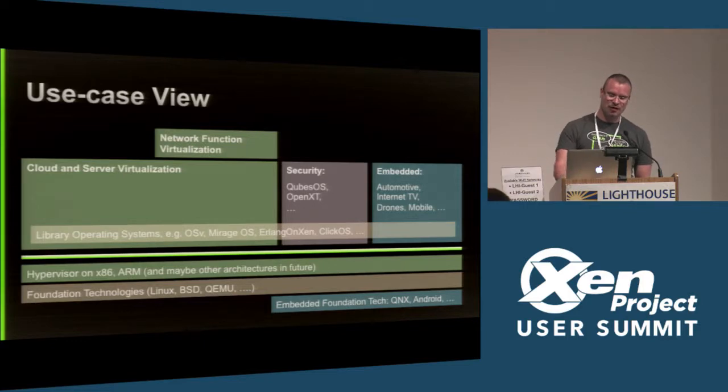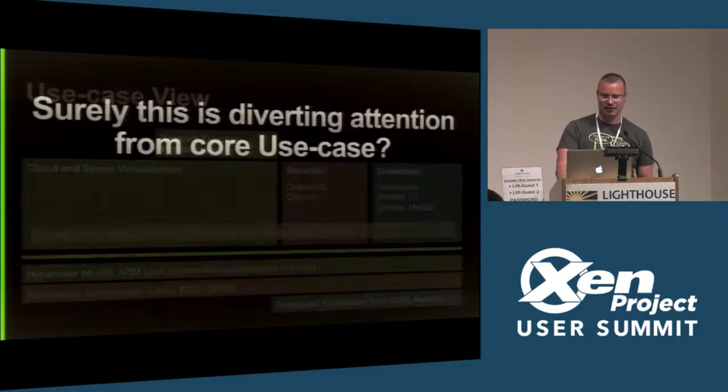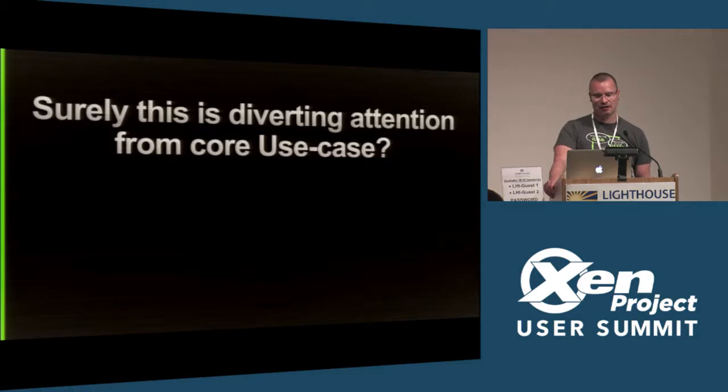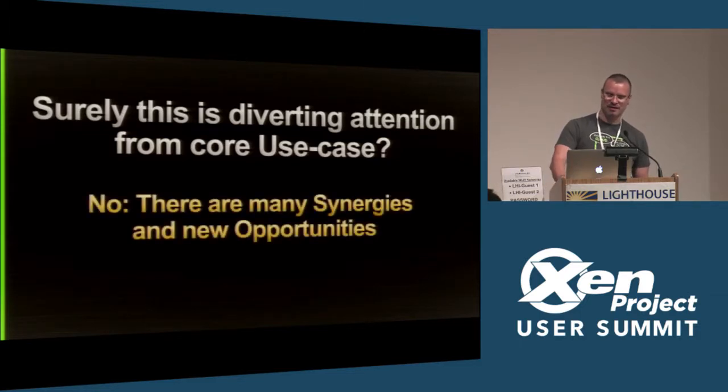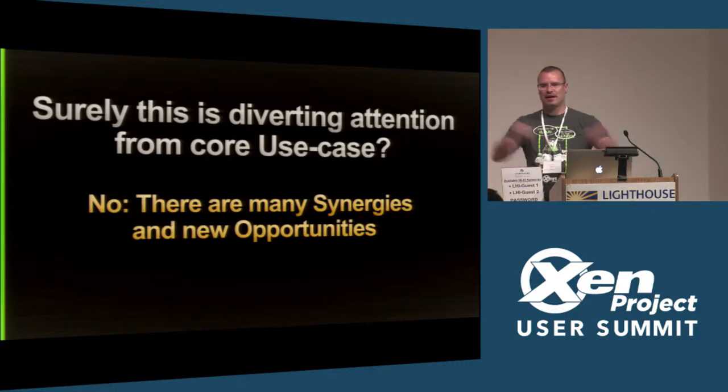So one thing you might ask is, all this activity outside of the core use cases, isn't that distracting the community? Isn't that bad for all the server guys, for all the cloud guys? And actually, the answer is no. In fact, it isn't, because that was one of my worries, that suddenly I would have the community being pulled in lots of different directions and get fragmentation.